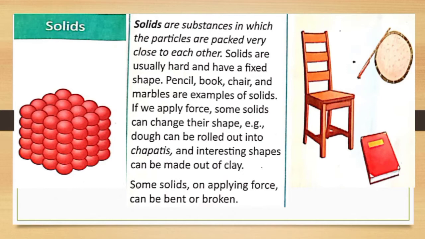So there are a few characteristics of solids: it has a fixed shape, it has a fixed volume. Molecules in a solid are very tightly packed, we cannot compress it. Solids are heavy and solids do not flow.